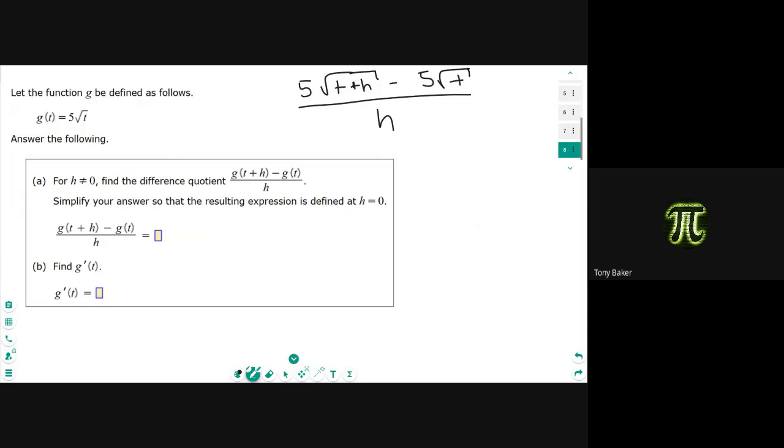All right, simplify that equation. Think back to the problems that we've done with square roots, and what was the method that we used to simplify them.